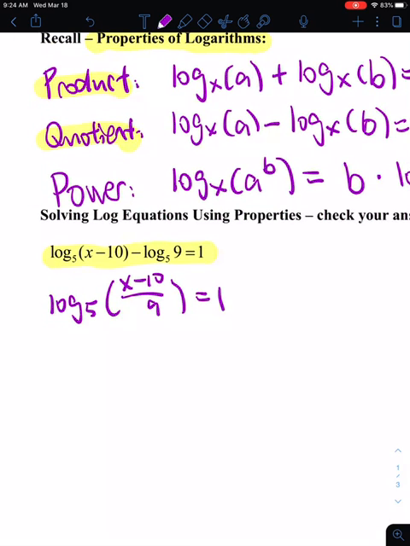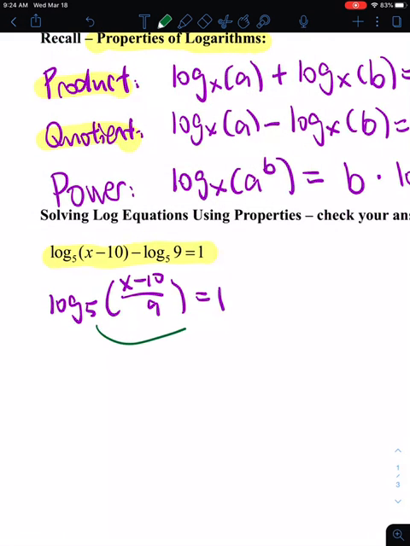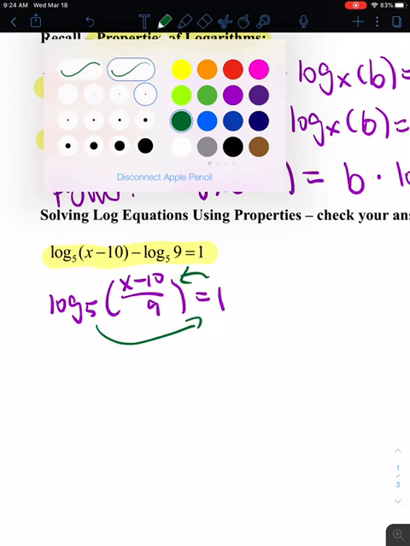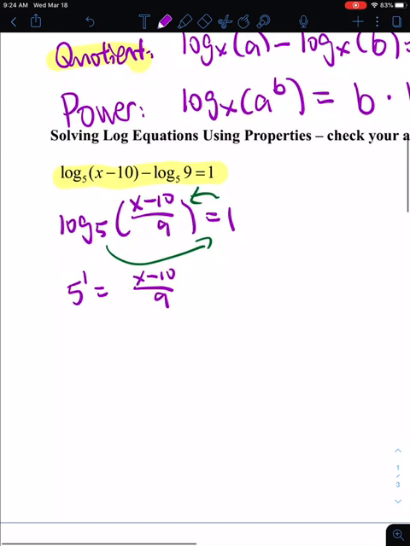Okay, and now this is something that we saw from before, where we can simply go ahead and put it into the other form. 5 to the first power is x minus 10 over 9. 5 to the first power is just 5.